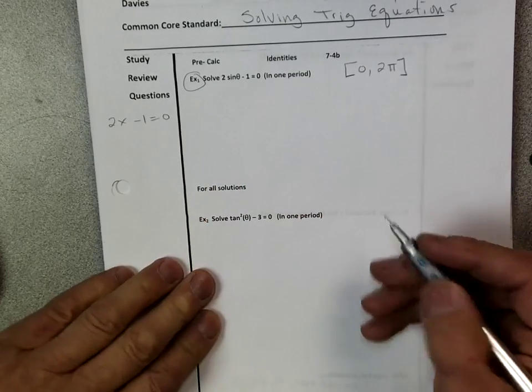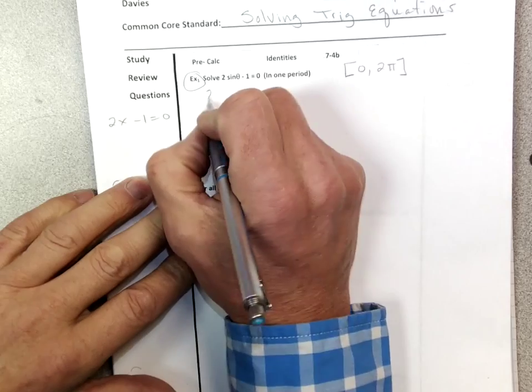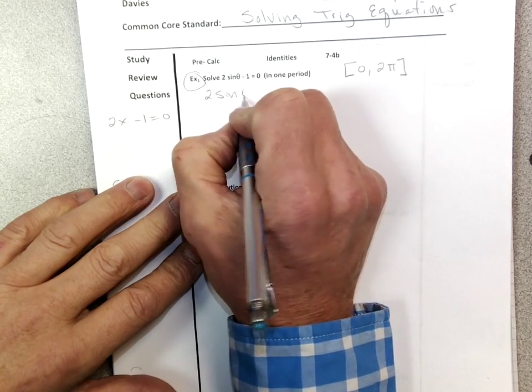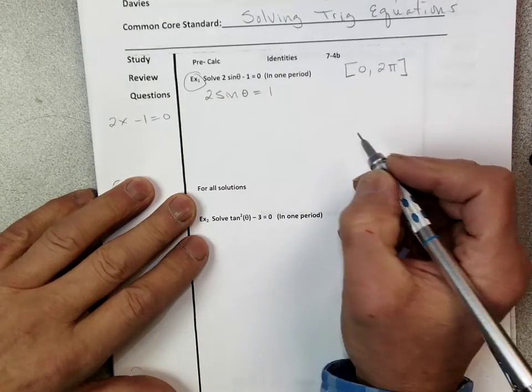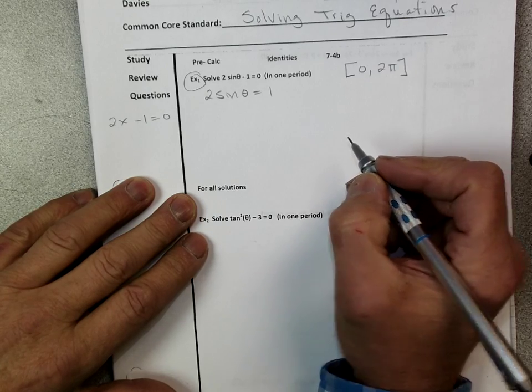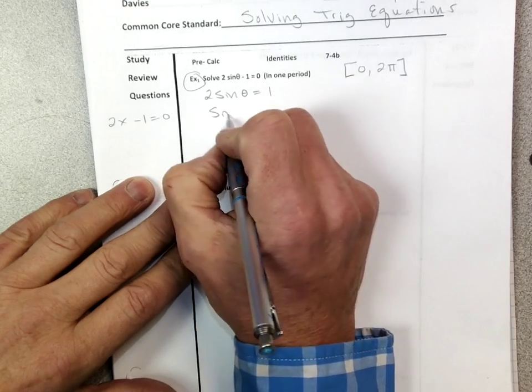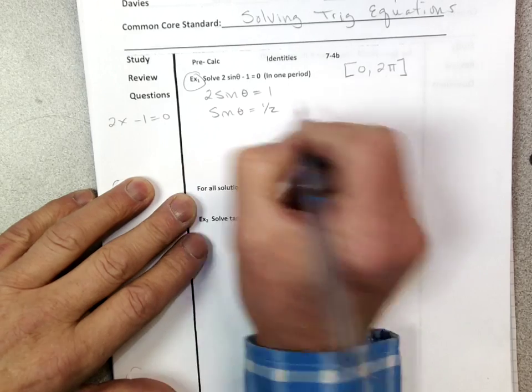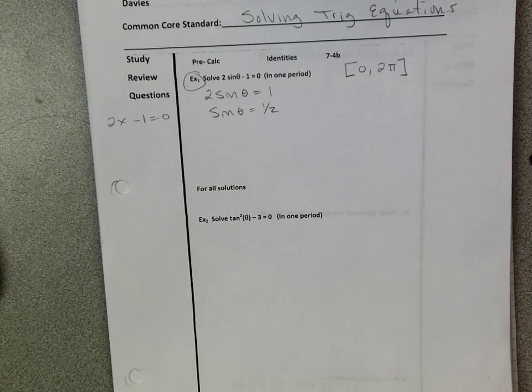Step 1, add the 1. So I have 2 sine theta equals 1. Divide by 2: sine theta equals 1/2. Now we need the angle, so we could either use sine inverse on the calculator, or use the unit circle.